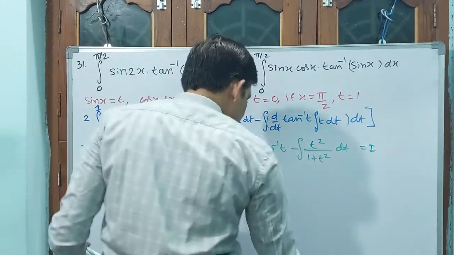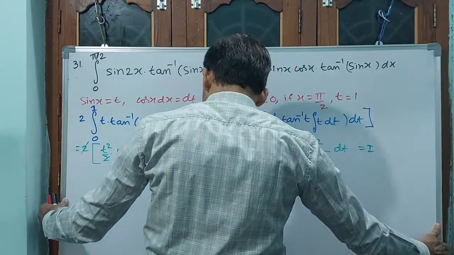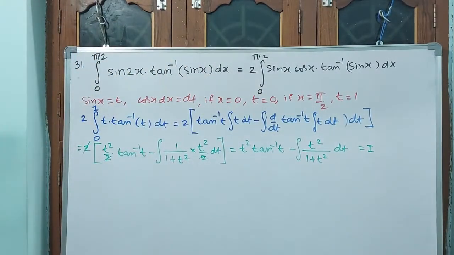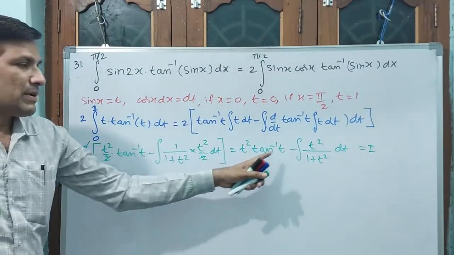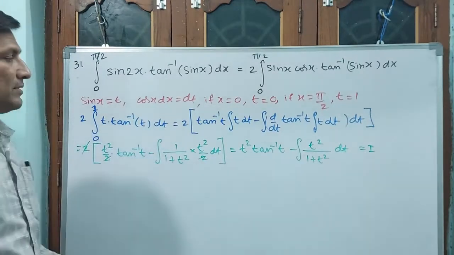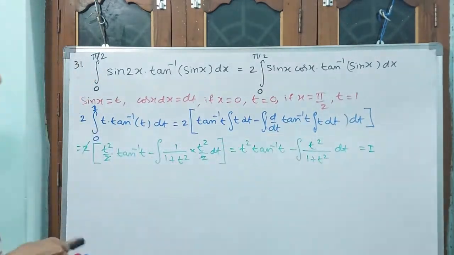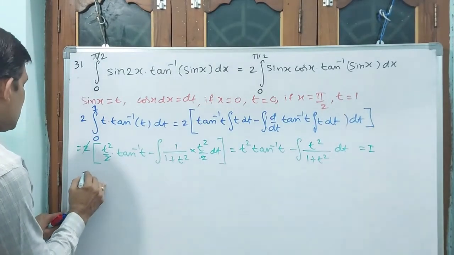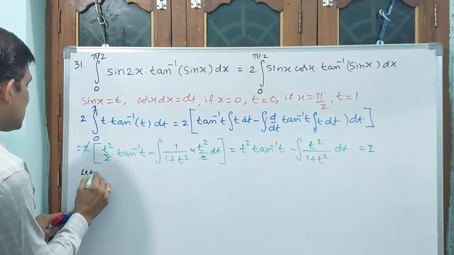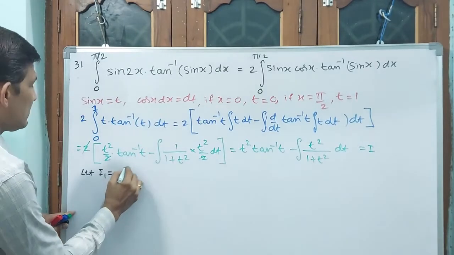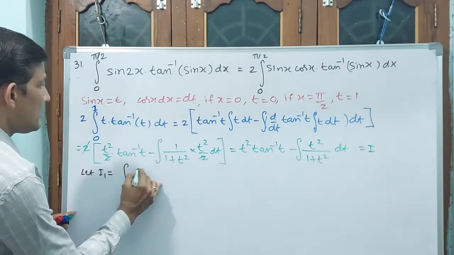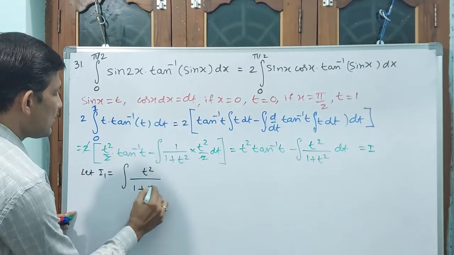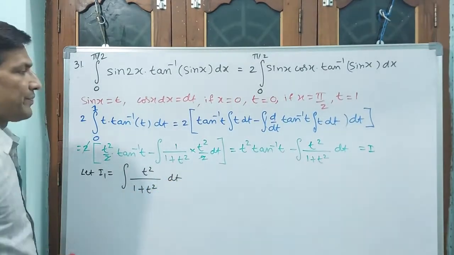Observe why I am writing this as I: because I want to take I is equal to this minus I1, and I want to convert it. Let I1 be equal to integral t square by 1 plus t square dt.